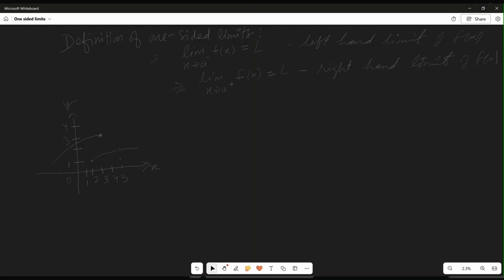Here's the function y equals g(x). You're probably going to see questions like this in your homework or your test.